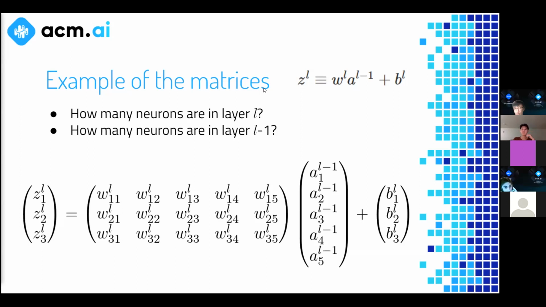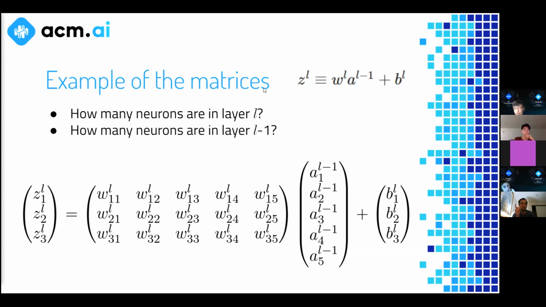I believe the neurons in layer L are going to be 3. Okay, how did you get 3? Oh, hold on. I'm thinking of the number of outputs. Yeah, okay. And then L-1 is going to be 5.